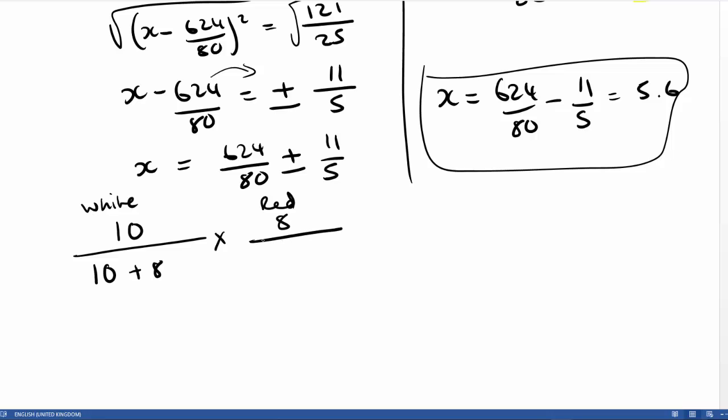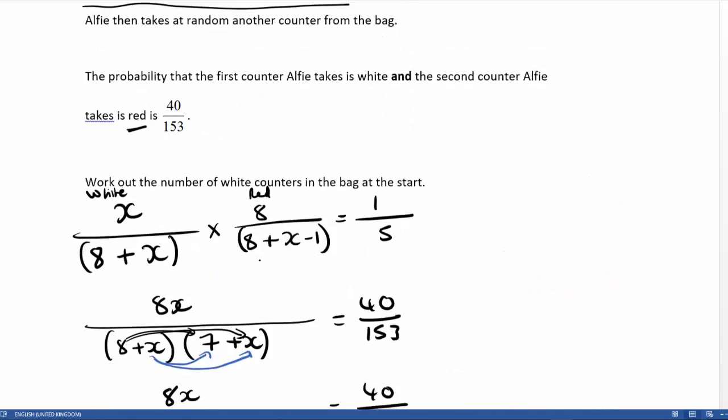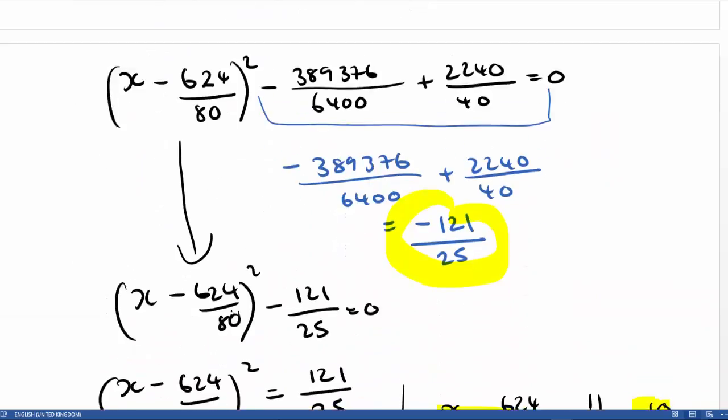And I said that I took out one white ball and didn't put it back. So now there are 9 white balls, right? Okay, plus 8 red balls, which we never took out. Okay. So if I multiply these across, do I end up with the same answer of, let's go all the way to the top, 40 over 153.